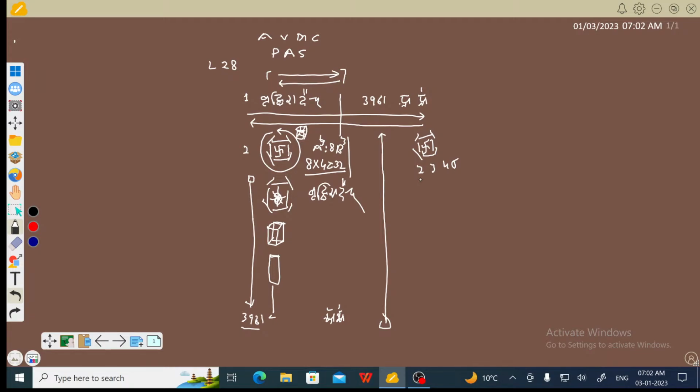As such, the ascendance from here is to be up till the 32nd pada. So starting from 1 and reaching till that would mean that it will get divided into 29 and 3.